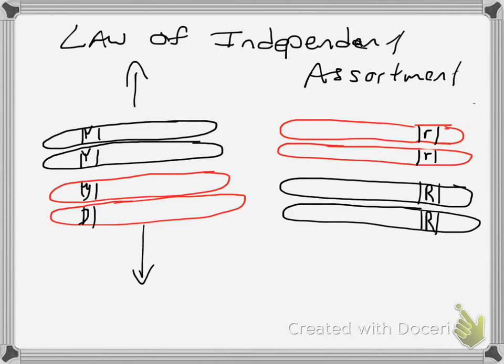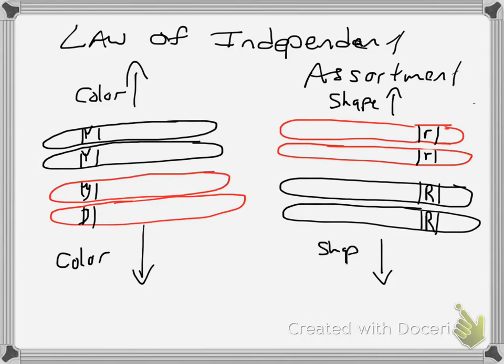So let's say that when we generated this individual, we had a homozygous recessive with a homozygous dominant. The male would have been homozygous dominant, the female homozygous recessive, just to generate something that looks like this. Over here on the left we have color of the seed, and over here on the right we have shape.